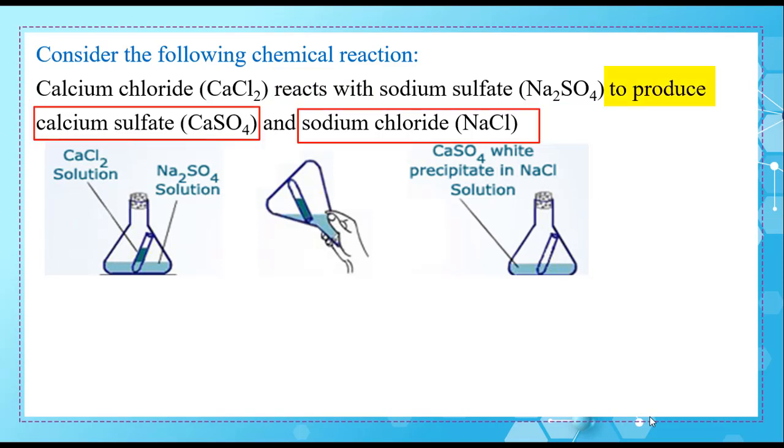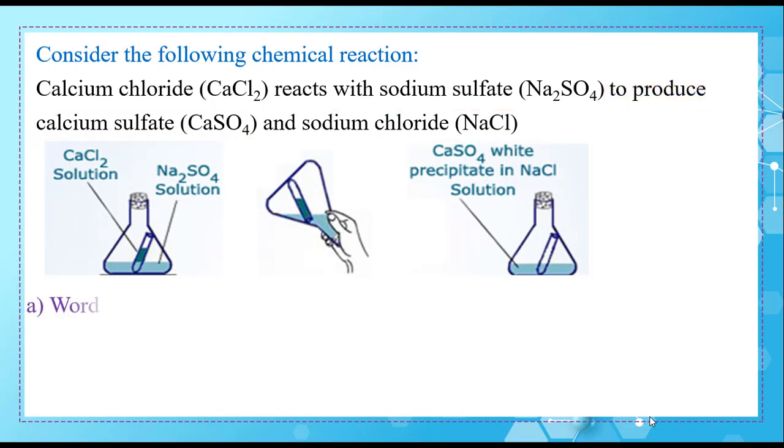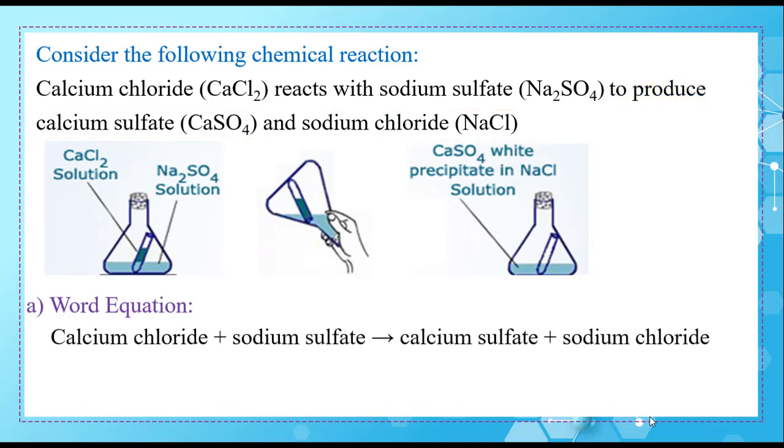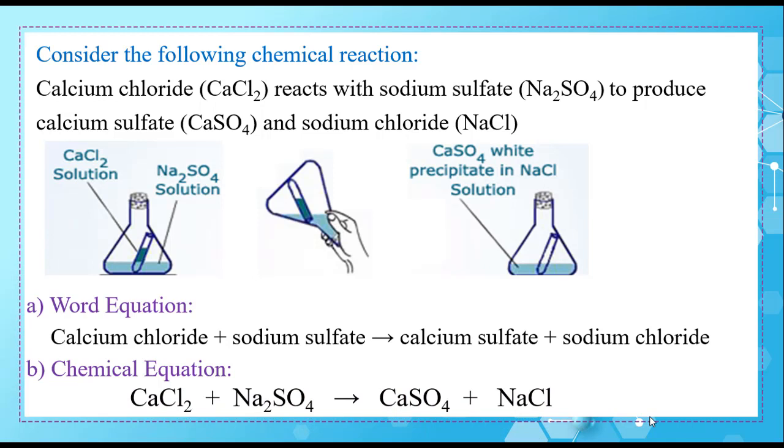Calcium sulfate and sodium chloride. So, the word equation of this reaction is calcium chloride plus sodium sulfate produce calcium sulfate plus sodium chloride. The chemical equation of this reaction is CaCl2 plus Na2SO4 produce CaSO4 plus NaCl.